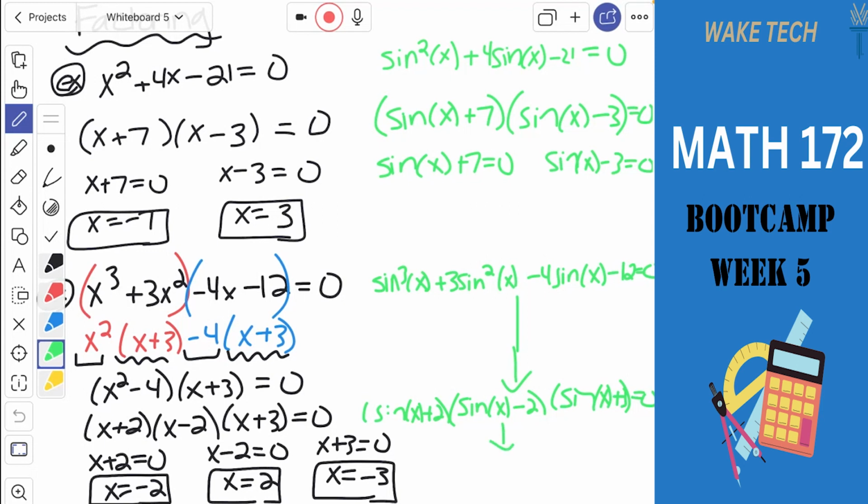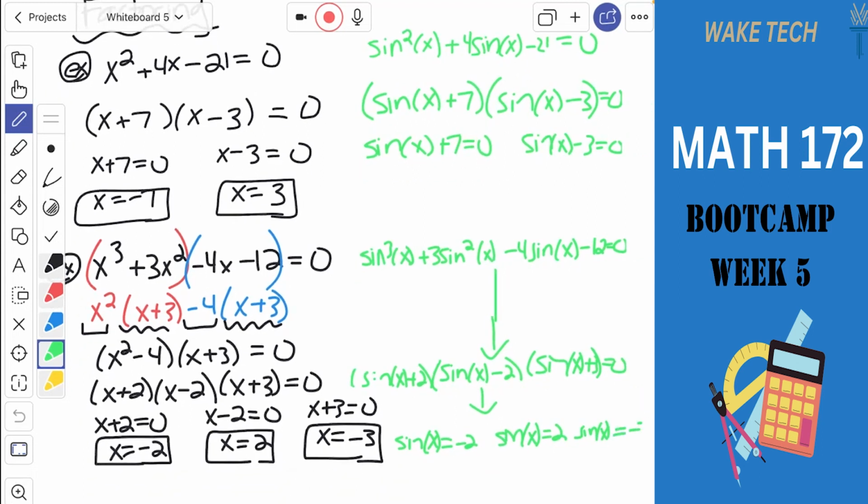Taking that a couple steps further, that would tell us that sine x equals negative 2, sine x equals 2, and sine x equals negative 3. You're not going to solve these from this point forward, but we're only a couple of steps away from actually getting the answer to the trig equation.